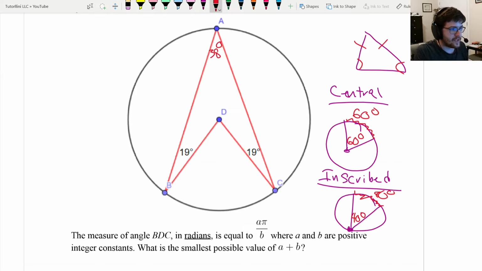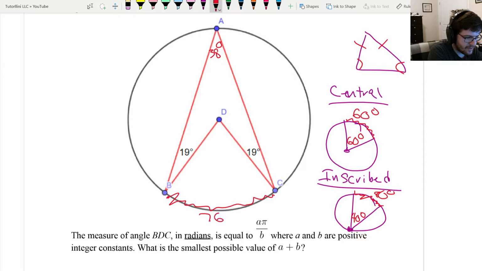Okay, so we have 38 degrees, and hopefully you're seeing it now. Oh wait, that's an inscribed angle. See how the vertex is on the very edge of the circle. So 38 times 2 gives me 76. So this arc here is 76 degrees.